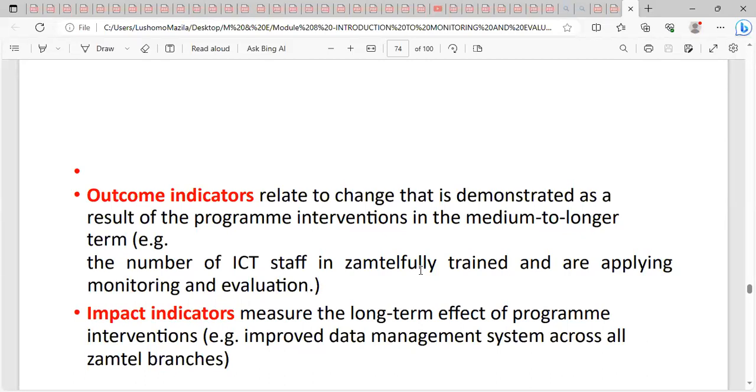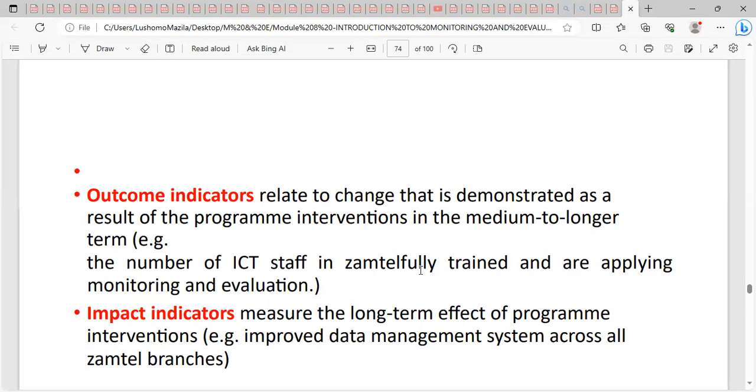Maybe from the example, we can say the number of students who have been trained. Since we're looking at the outcome, the outcome will be us applying the monitoring and evaluation from the training. Exactly.